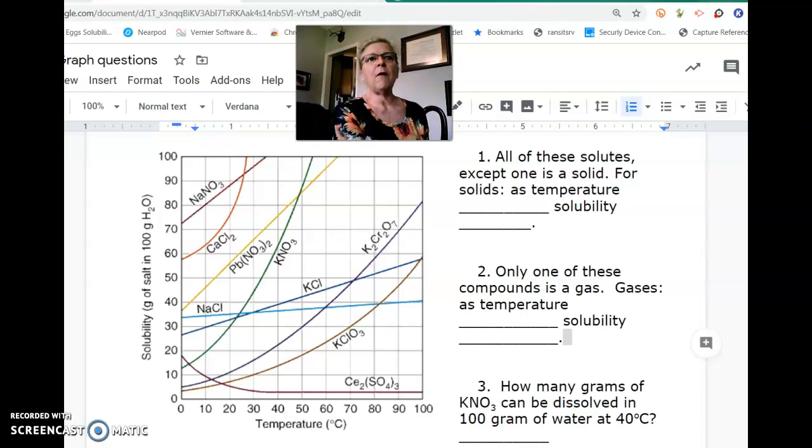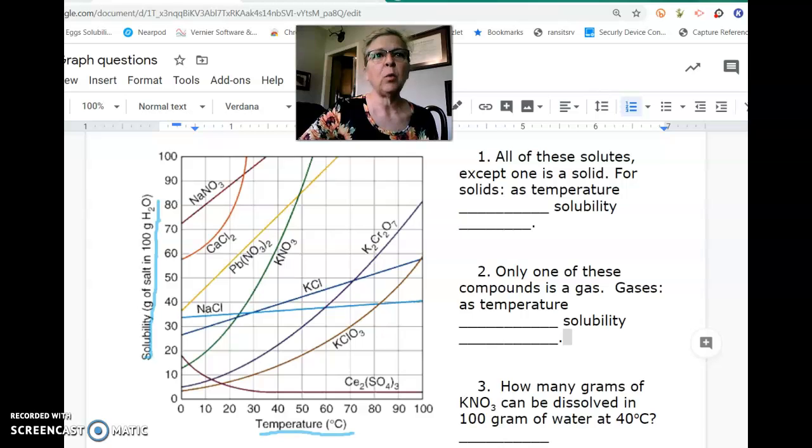First question of our solubility graph, and that's what this is. This is a solubility graph. You'll notice that on the x-axis, we have the solubility, and on the y-axis, we have the temperature. Okay, so for all of these solutes, all of them are solids except for one.